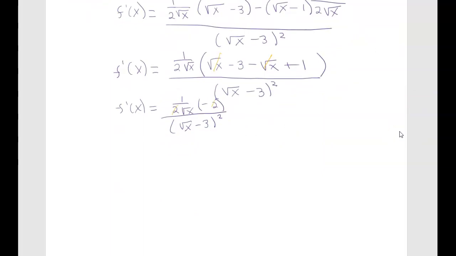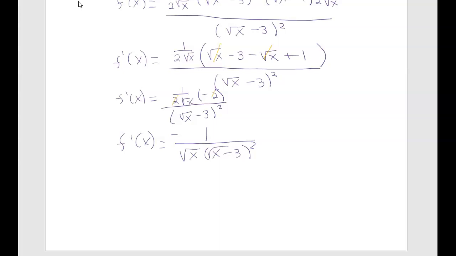All right, so we're almost there actually. Equals, so those cancel, so I'll have a negative 1. This we can drop down to the denominator. So we really would have square root of x times square root of x minus 3 all squared and a negative 1.